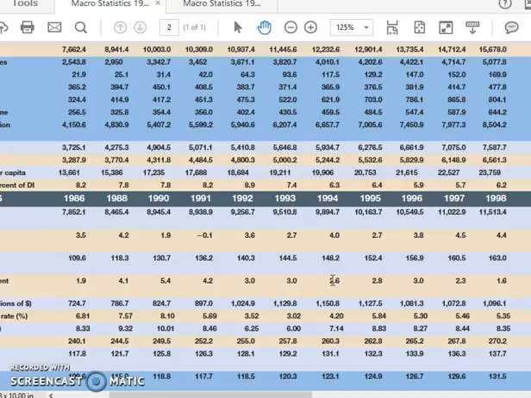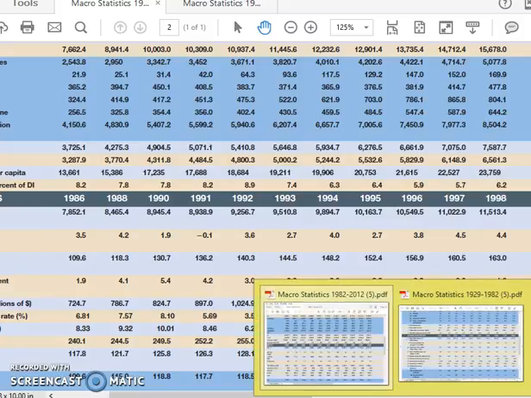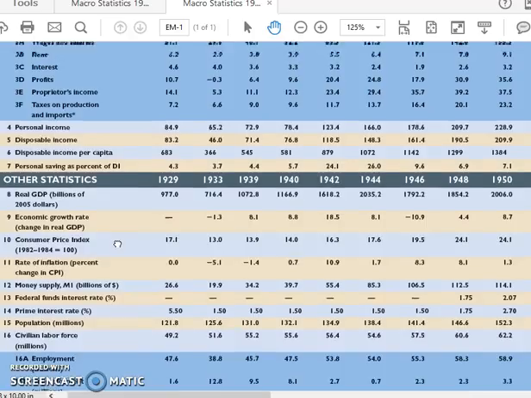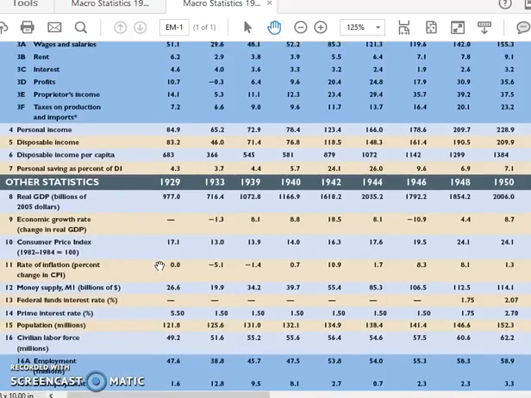Okay, let me jump to the second chart where I can look from 1929 into the 1980s, and here we're going to get a rate of inflation on this line right here. Look at this. In 1929, 0% inflation. 1933, we had negative inflation. 1939, negative inflation. All through the 30s, we have negative inflation.